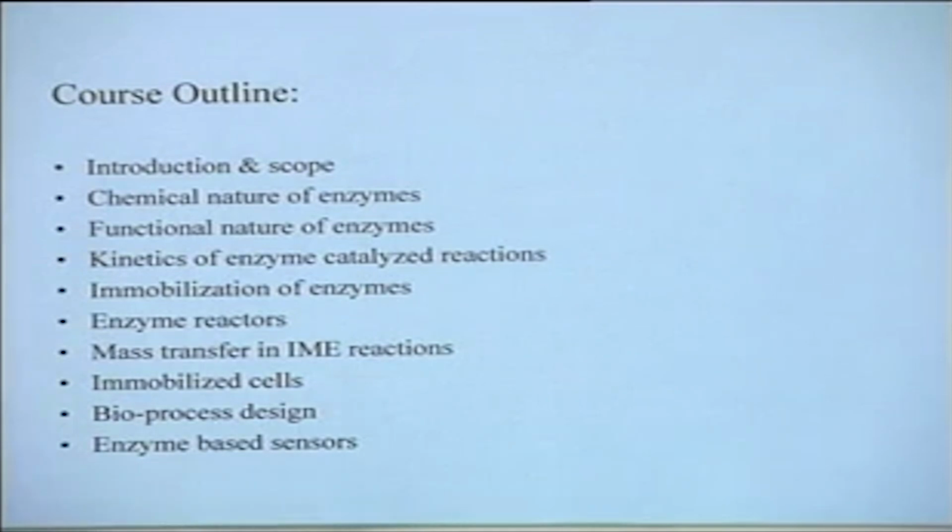Now, when those issues are placed in a reactor, how do they influence the performance of the system. Immobilized cells: very often, if the enzymes are intracellular, it has been felt that for many applications their isolation and purification is not required. You can immobilize the whole cell as long as the cell does not have, or you can inactivate, other contaminating enzymes in the cell which will interfere in the process.